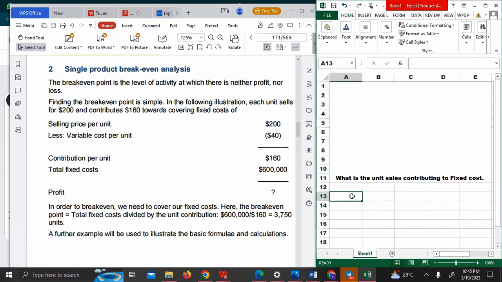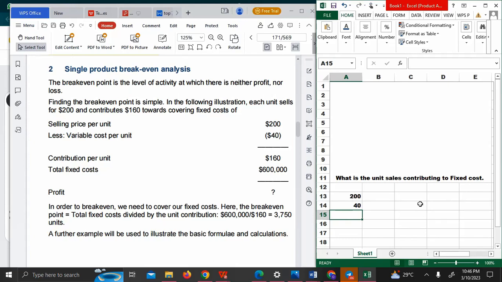If you sell at 200, let's use this for instance, and you have a variable cost of 60. Variable costs like what? Variable costs like direct materials, direct labor, and variable overheads. Yes, you have variable cost.